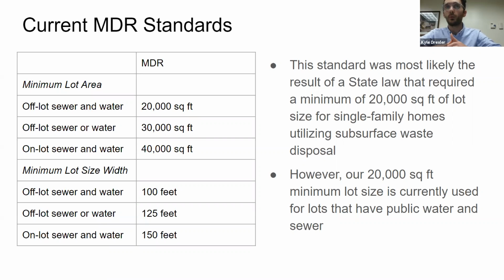However, that line requiring 20,000 square feet of minimum lot size, we're talking about in Orono, lots that don't have subsurface waste disposal. They have town water and sewer. So that requirement for 20,000 square feet isn't necessarily applicable in that case. So it became something in the comprehensive plan that was noted as being looked at more thoroughly and possibly being able to be adjusted.